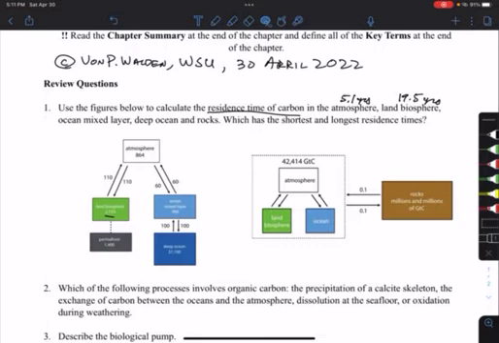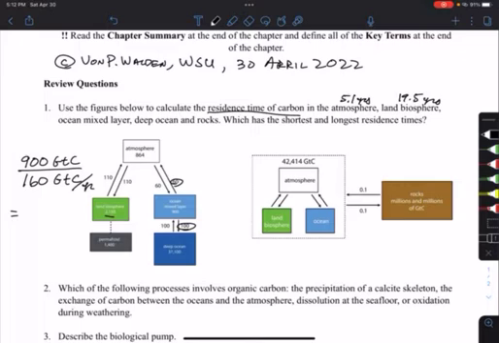Now the ocean mixed layer contains about as much carbon as the atmosphere, 900 gigatons, and you can see that it also has 160 flux in and out, both 60 here and 100 here, so that's 160 gigatons of carbon per year.